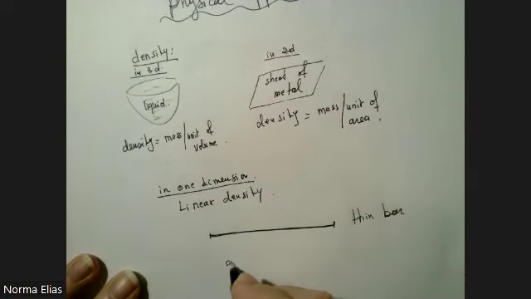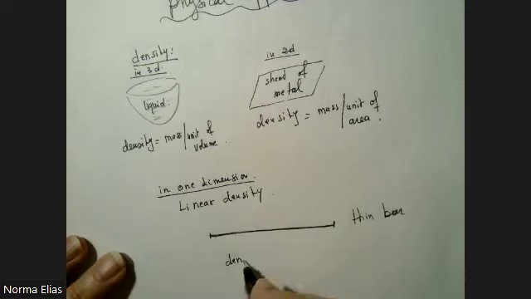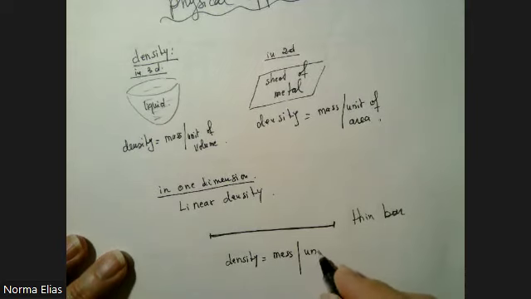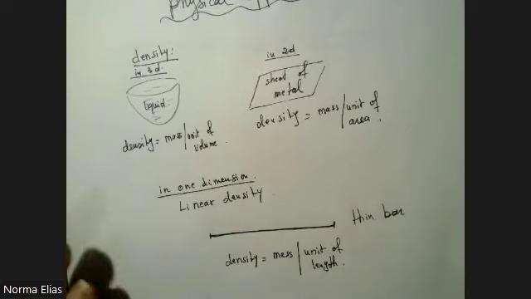This bar is made out of something, then the density is going to be the mass per unit of length. So what's the mass of this per centimeter, per inch, and so on and so forth.